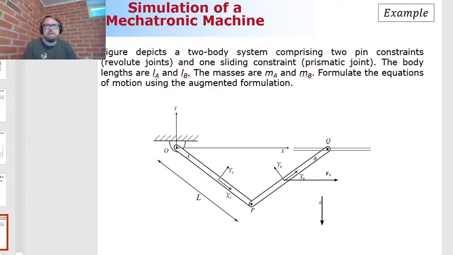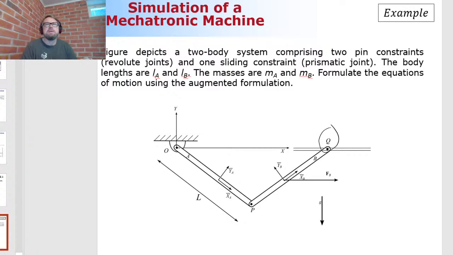We look at the simple mechanism that consists of two bodies. And two or three weeks ago, we introduced a motion constraint to this point Q. And we said that the point Q cannot move freely, but it has to follow a certain prescribed motion. Okay, that's what we did.